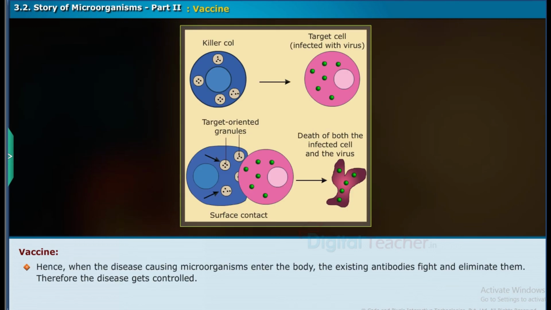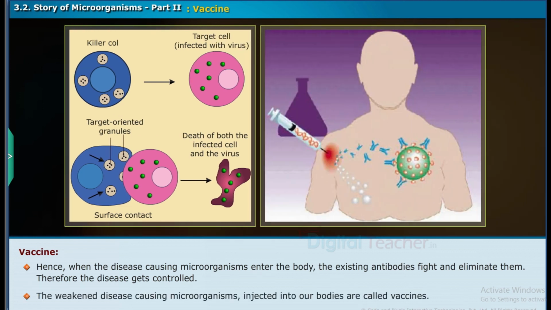Hence, when the disease-causing microorganisms enter the body, the existing antibodies fight and eliminate them. Therefore, the disease gets controlled. The weakened disease-causing microorganisms injected into our bodies are called vaccines.